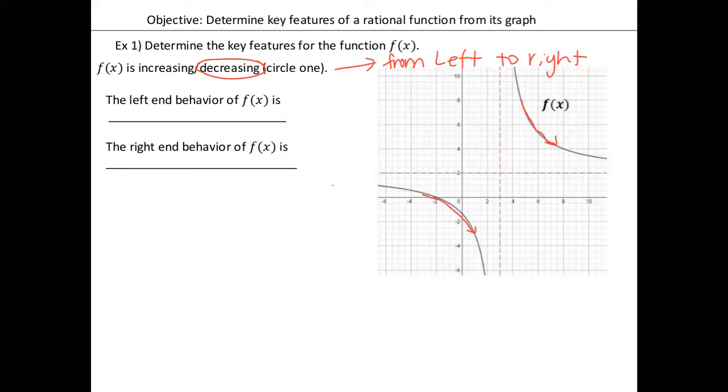And for the end behavior, I'm looking at these ends. Technically, there are four pieces of the end behavior, but for this year, we're going to focus only on the far left and the far right. Technically, we do have something here going forever upwards, and this one's going forever downwards, but it gets a lot more complicated for students, and you'll probably see that more in a pre-calculus class.